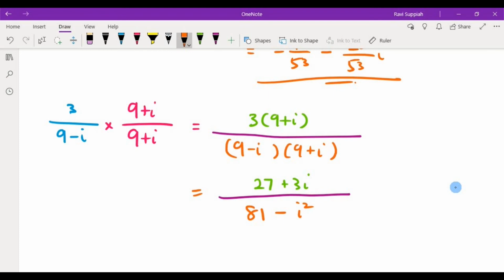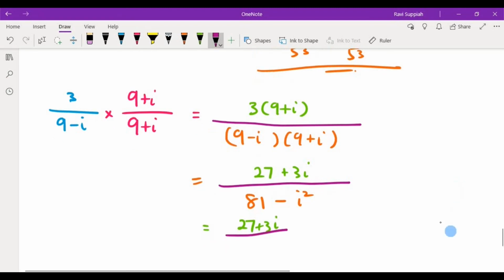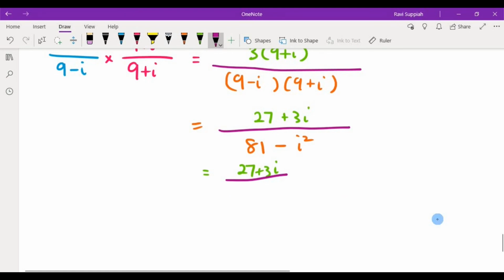So next I have 27 plus 3i divided by 81. i squared is minus 1, so minus minus is plus 1.